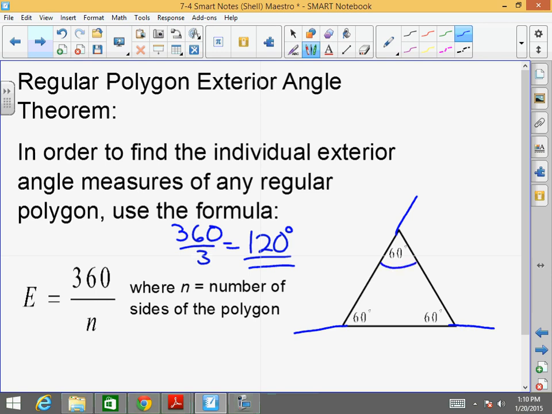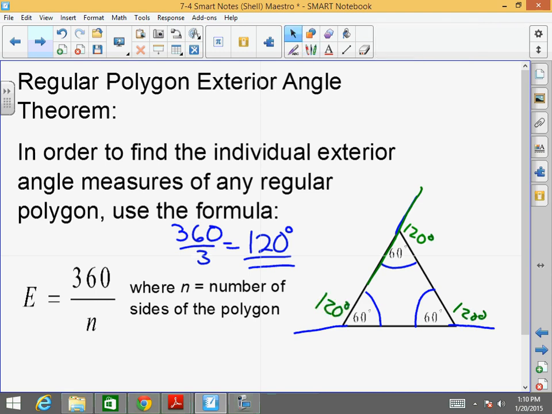The other way, once I know it's regular, is that I can find the interior angle measures very easily. N minus 2 times 180 divided by n, right? That gives you the individual interior angles. Well, aren't these 2 guys supplementary, y'all? So wouldn't this have to be 120? And since all interior angles are equal, it's regular, that would be 120. That would be 120 as well.